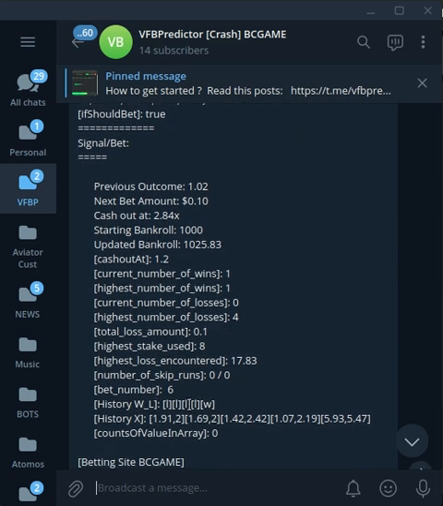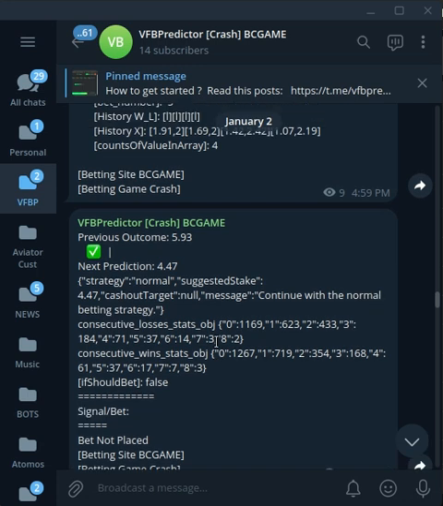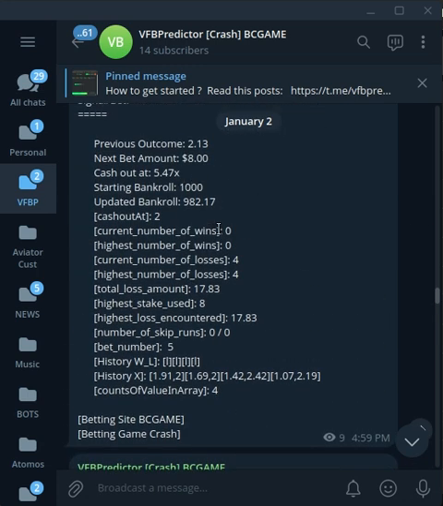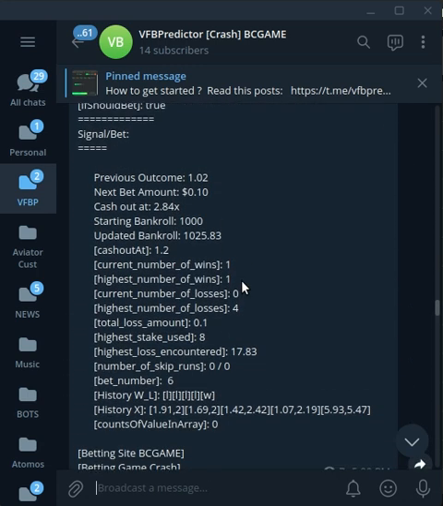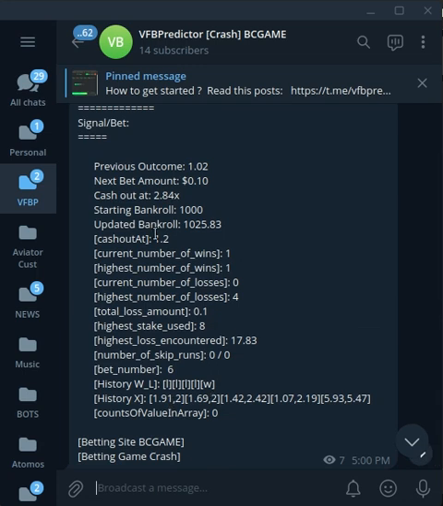We had the 4 losses and 1 win. Highest stake used was 8, this one over here, and other statistics like so far the profit made was 25.83.